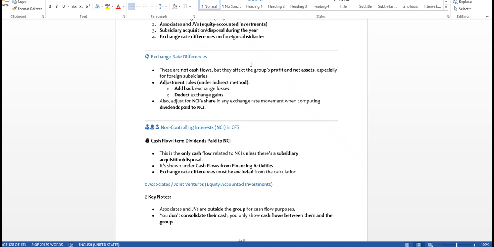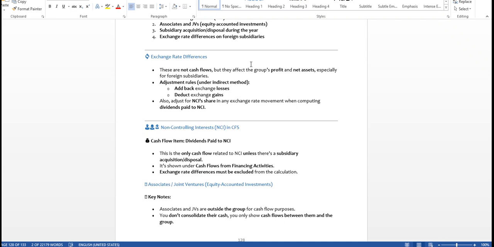So we are talking about the NCI, right? Are we together? Now, for dividend, the only cash flow is what is paid as dividend, which is what we refer to as our payment.